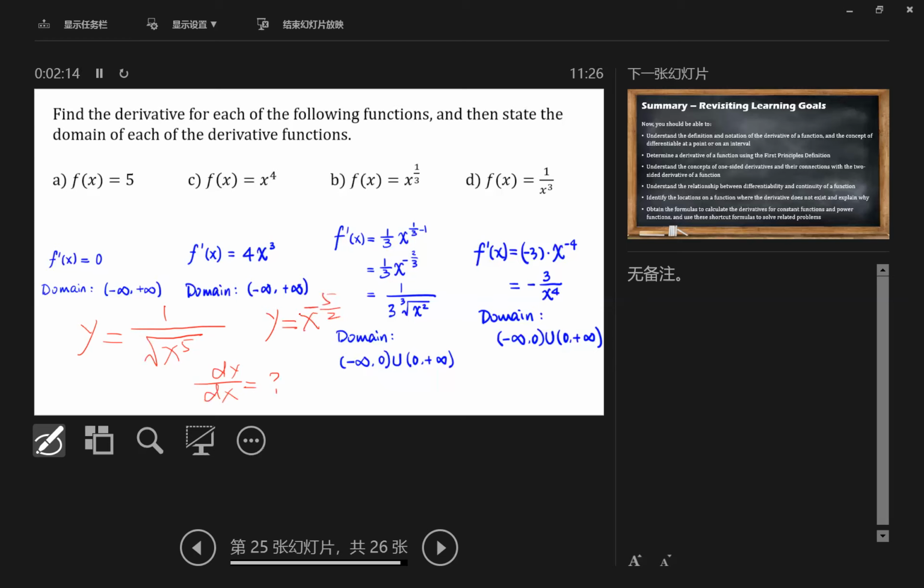All right, this should be negative, right? Then dy by dx is negative 5/2 times x to the power of negative 5/2, then minus 1, which is negative 5/2 times x to the power of negative 7/2. You understand?